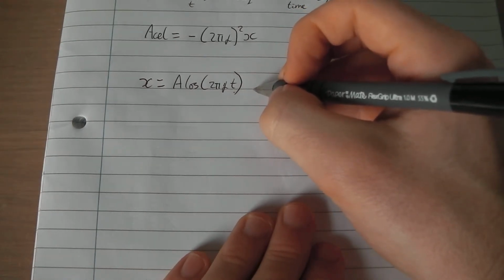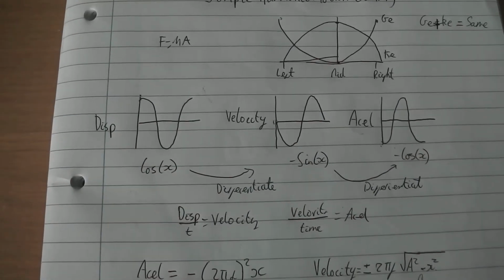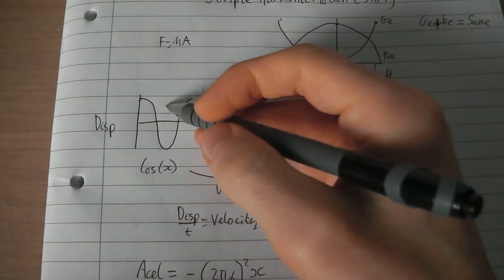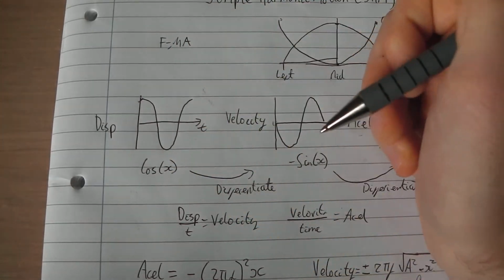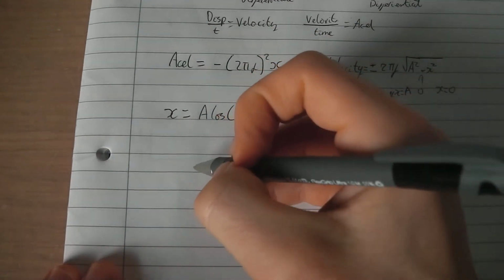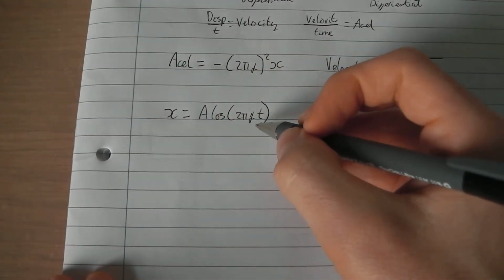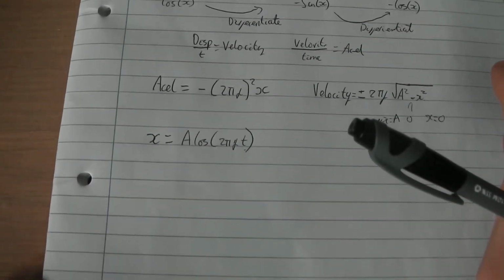And at the start of the experiment, for this to work, you have to hit maximum displacement, because what it's effectively following is this graph here, where at t equals 0, if we say this axis is t, it starts at maximum displacement. And this equation is explaining that graph.